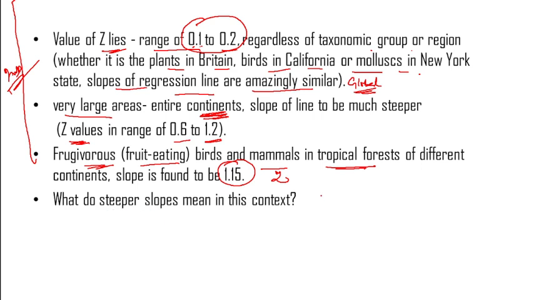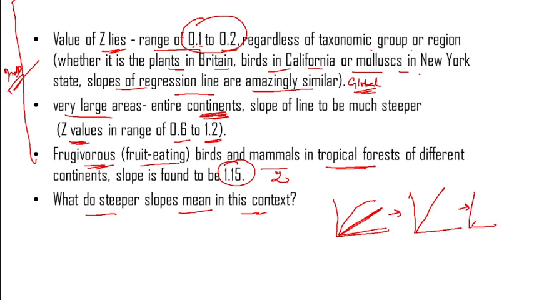Okay, so what do steeper slopes mean in this context? We have just seen that this is a rectangular hyperbola, and this is the straight line that we obtain on the log scale. In case the area is more biodiversity rich, this slope becomes steeper.